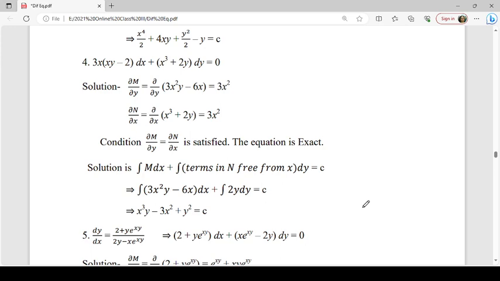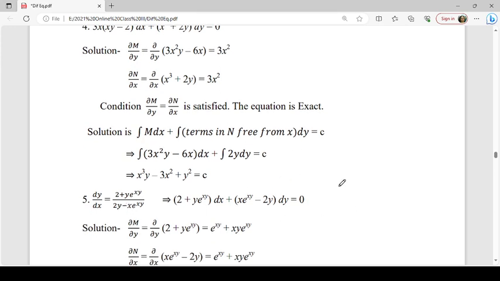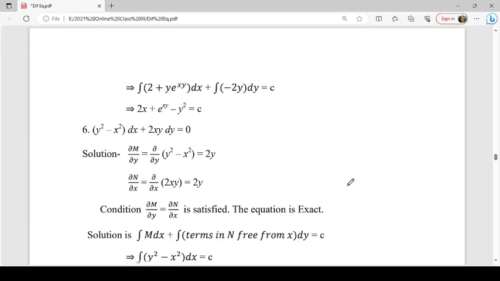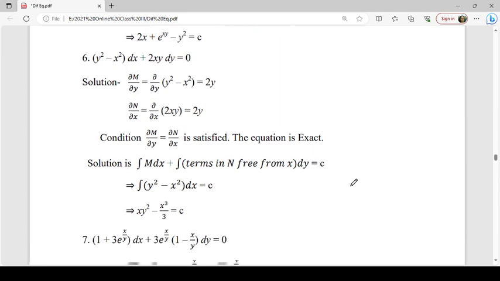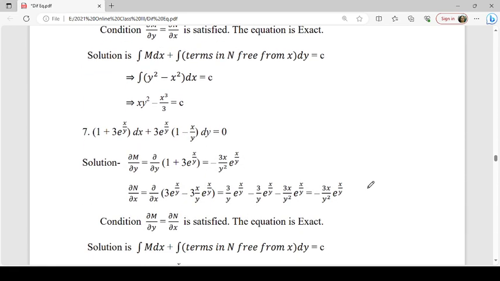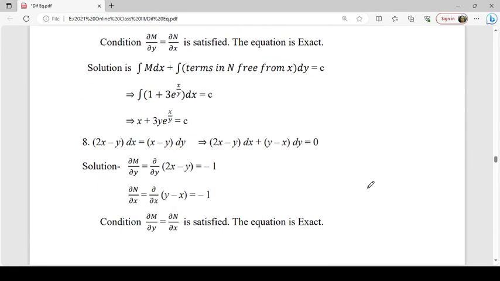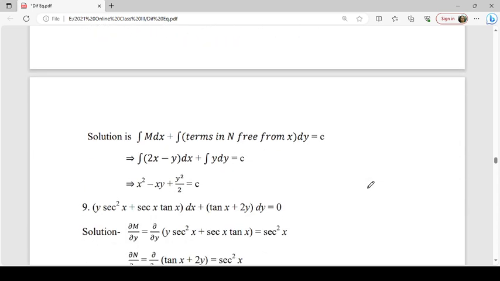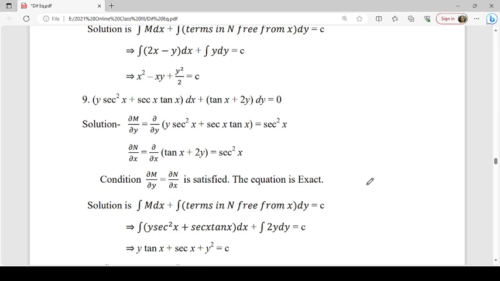So these are some examples of exact equations. Do it and practice it, and you can understand.